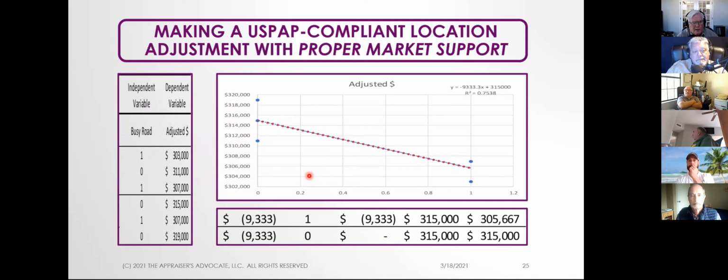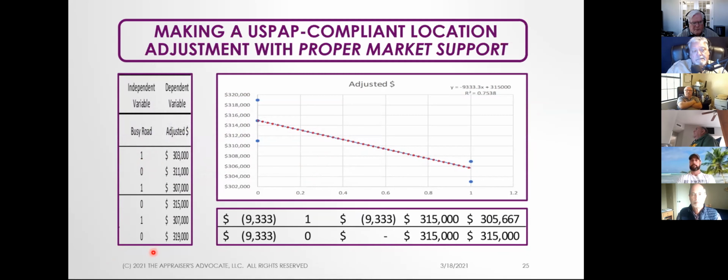But what we're doing here, we're using an independent variable. We're saying 1 is a busy road, 0 is an average road.